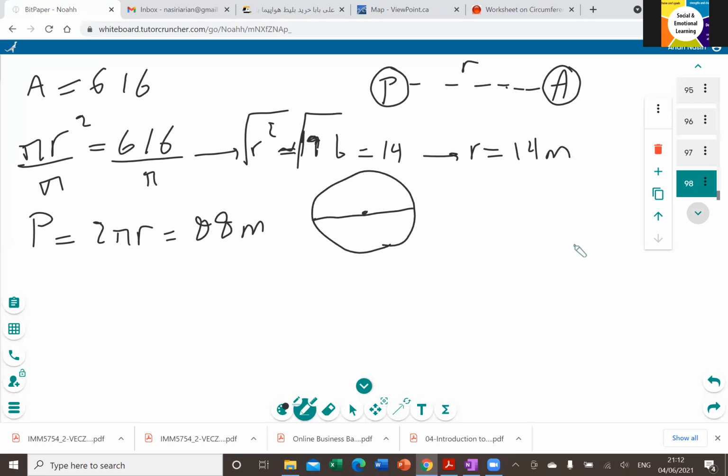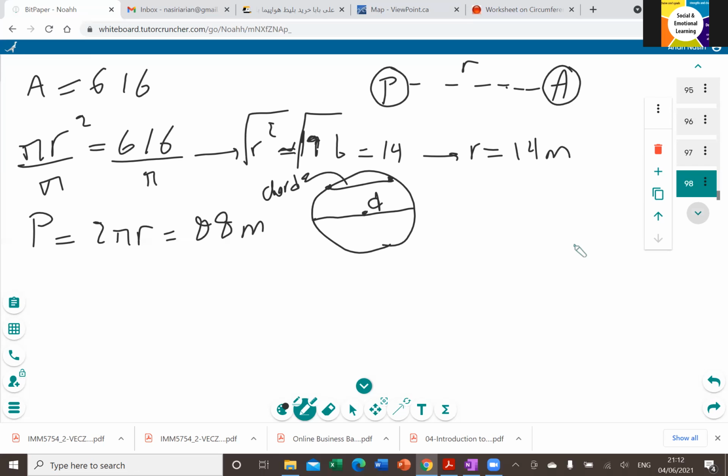When you're not dealing with a chord, see, a chord always splits the circumference of a circle into two arcs with different lengths, a smaller one and a longer one.